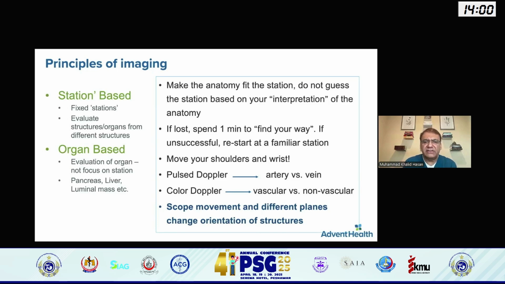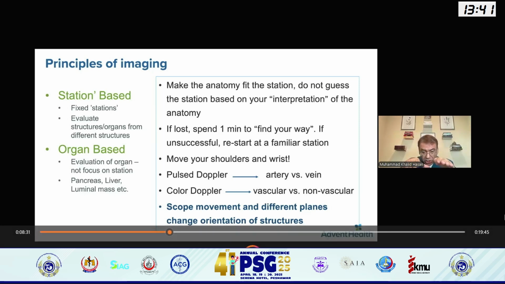Use Doppler as needed. The most important thing to remember is that the position of the scope, the movement of the scope, changes the orientation of the structure. If you're looking at the pancreas from the stomach, consider it looking from up down. You'll see a pancreas, you may see a portal vein, the bile duct being away from that.